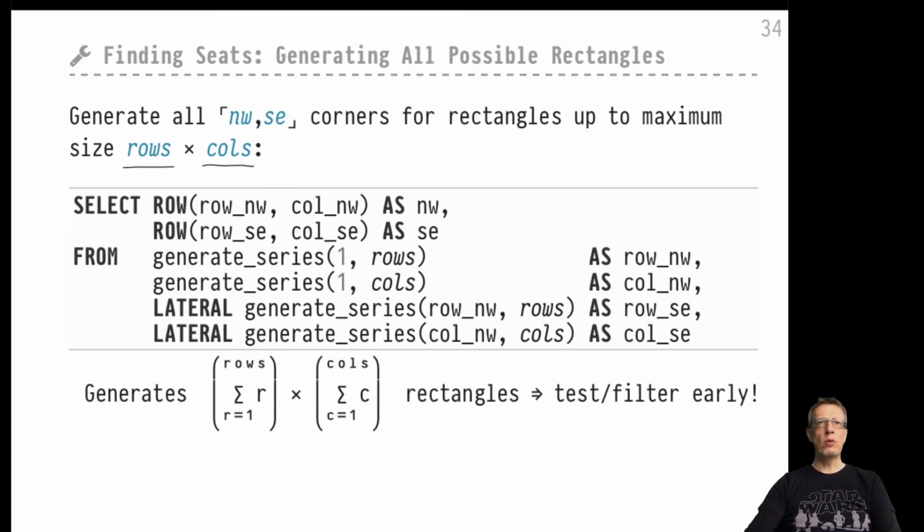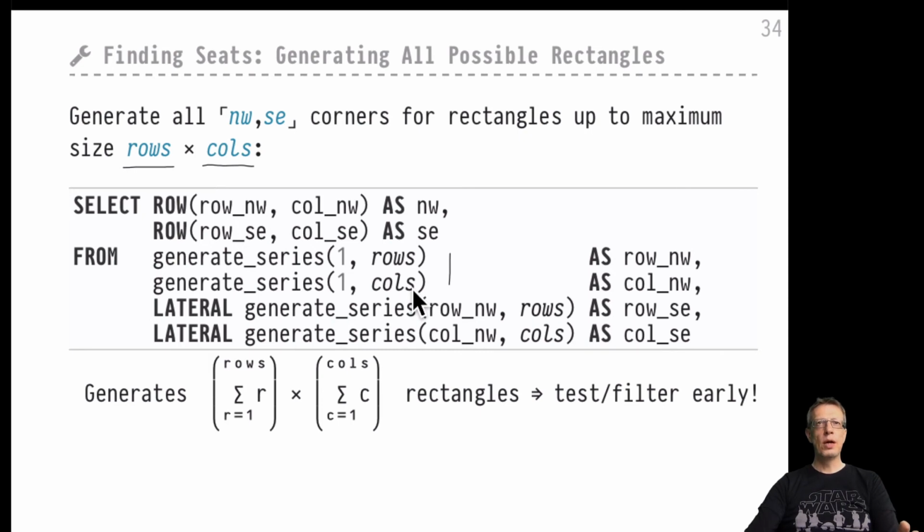Then we would generate all the possible top left or northwest corners. This would just be done by using these two generate series here. We would just enumerate all the possible row and column coordinates inside the seating plan.